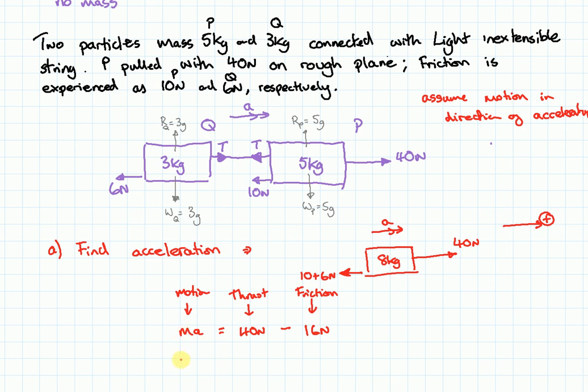So we've got our 8 kilograms times a is equal to 40 minus 16, so 24 newtons, so a is 3 meters per second squared.